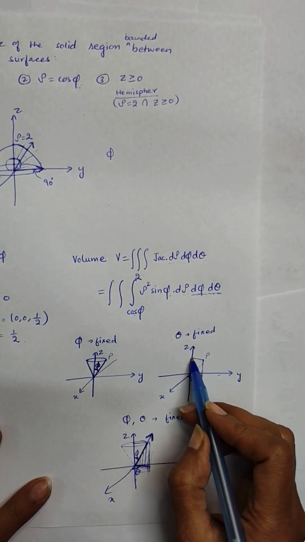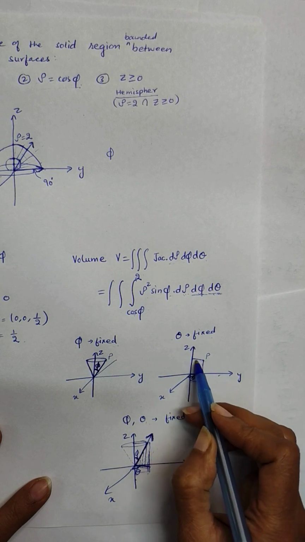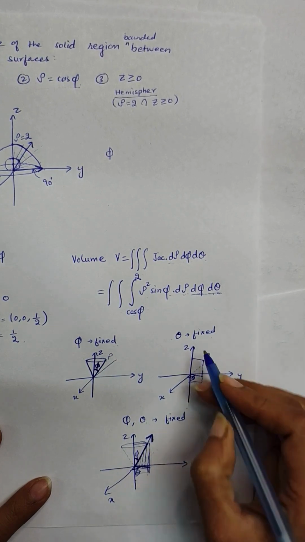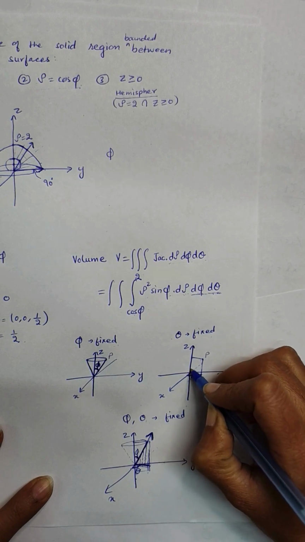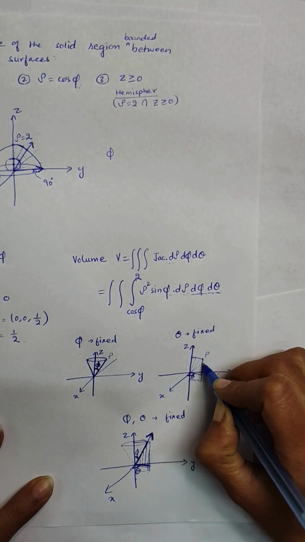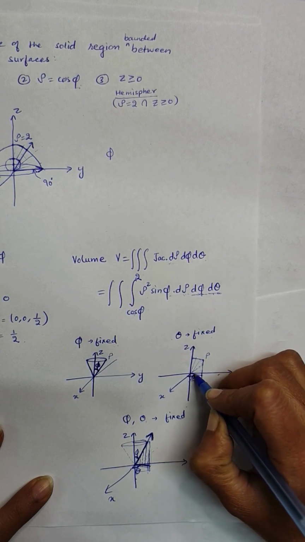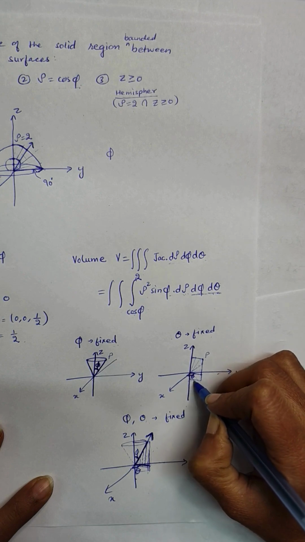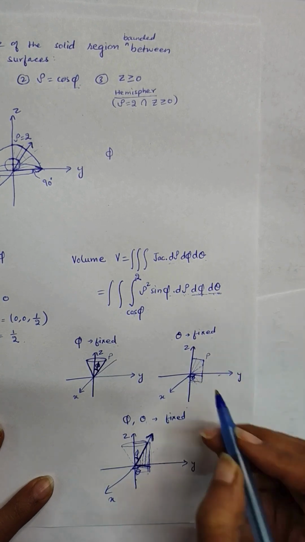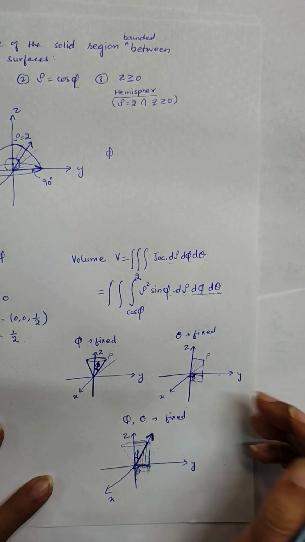If theta is fixed, we are on this plane, right? On this plane, phi can vary. If we draw any ray through this plane, each one of these rays makes a different angle with the z-axis. So phi will vary, but theta is going to remain fixed.